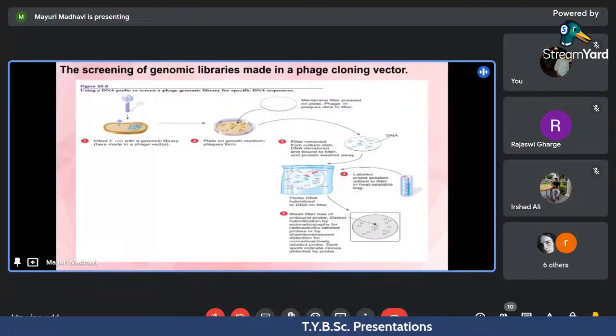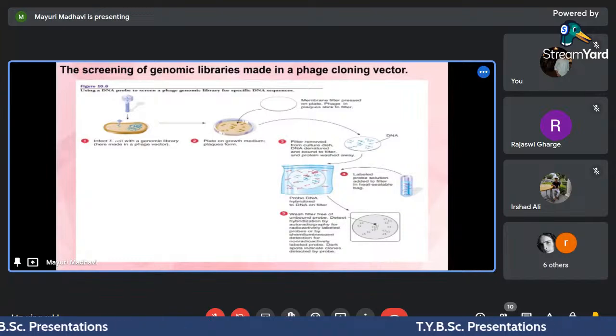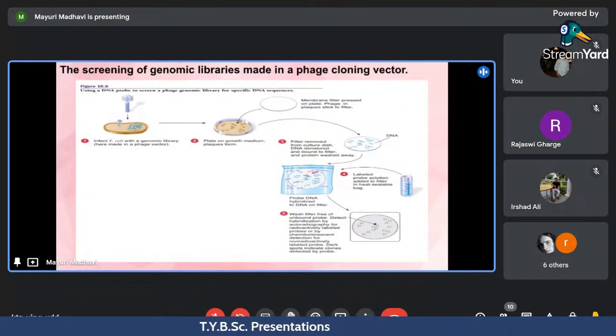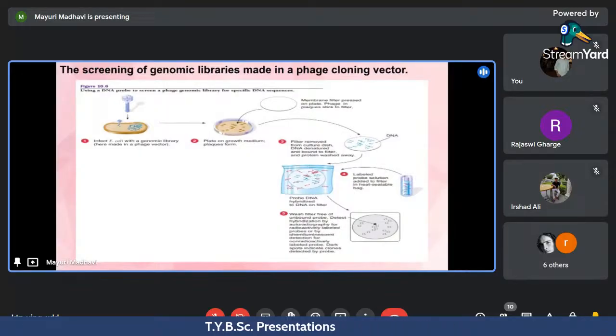Here we use riboprobes, which are made up of RNA and which are used as radioactive probes. Since these can be created by in vitro transcription, they can be labeled very simply. We just have to add radioactive NTP to the in vitro transcription reaction to make radioactive riboprobes.